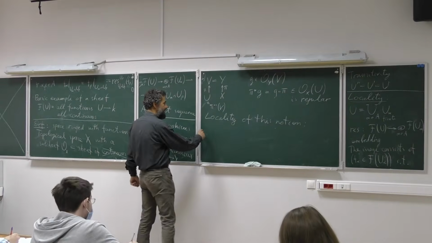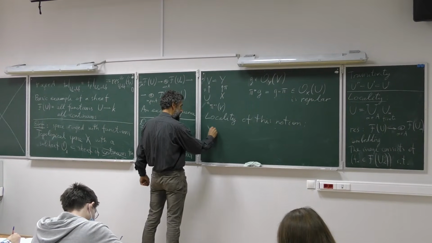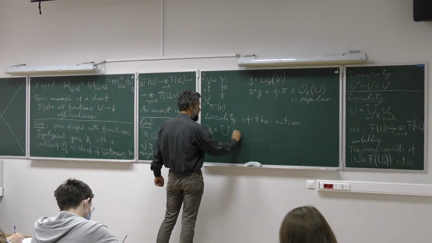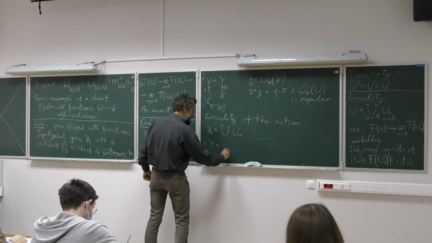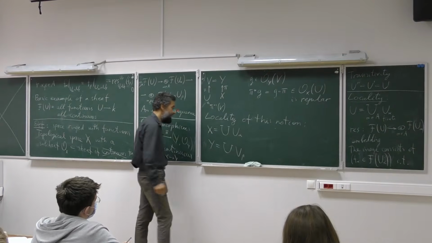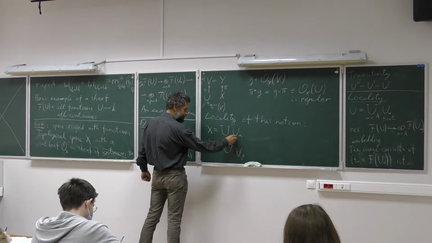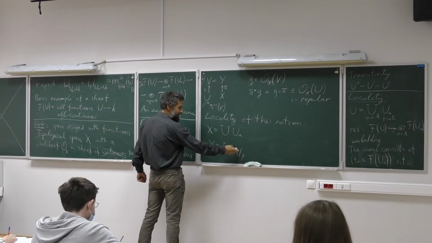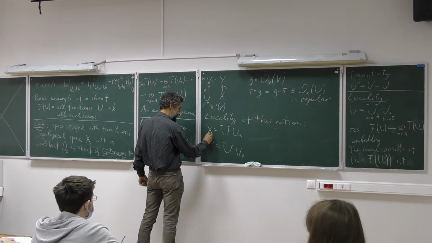So suppose we have a covering: X is a union of U alpha, and Y is the union of V beta, and the morphism pi sends each open set of this covering to an open set in the Y covering.